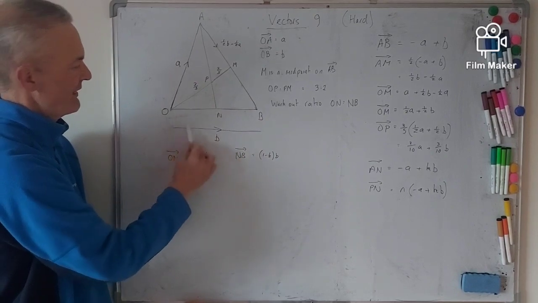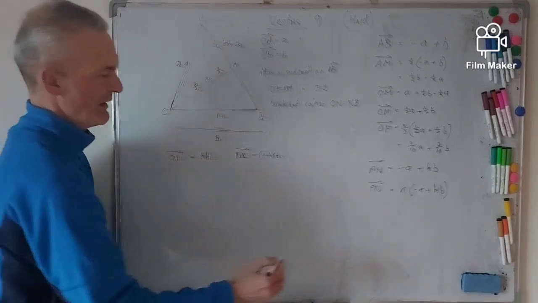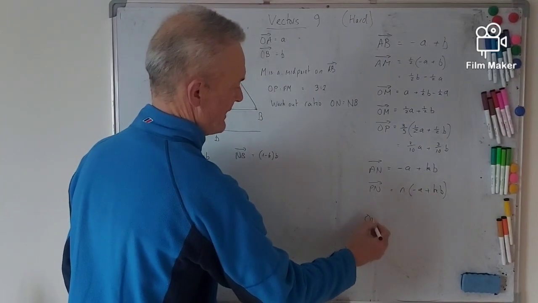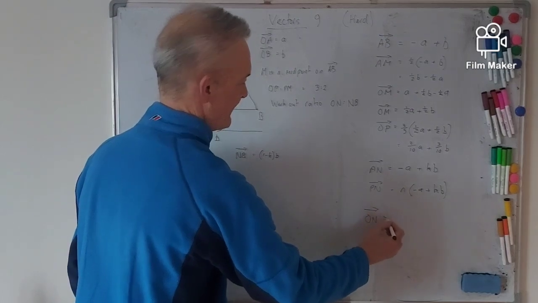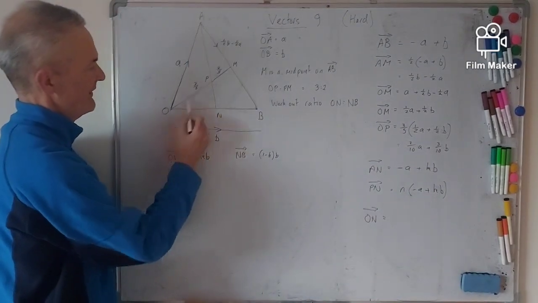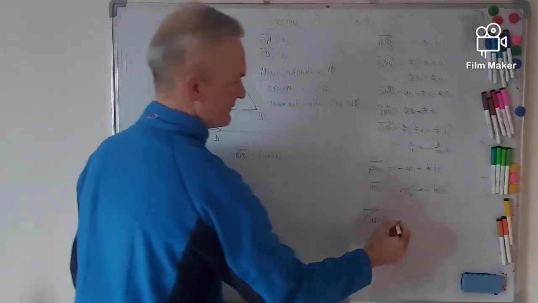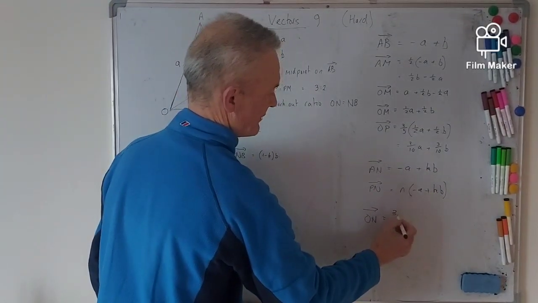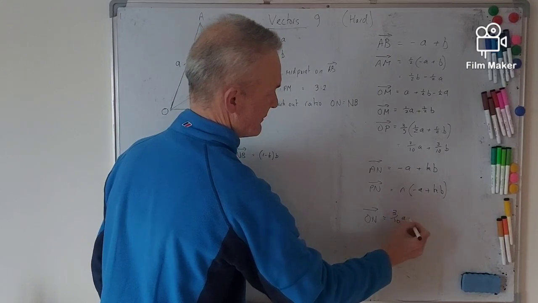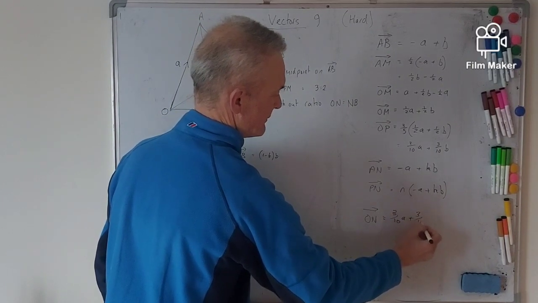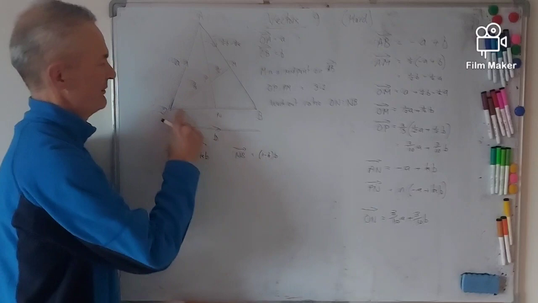So we can now get ON in a different way. So ON, that vector ON is going to be this bit, it's going to be OP, which we've got here. Okay, that's that bit.